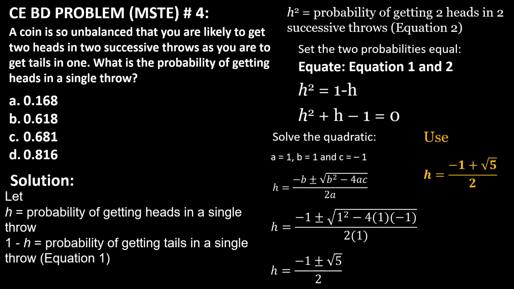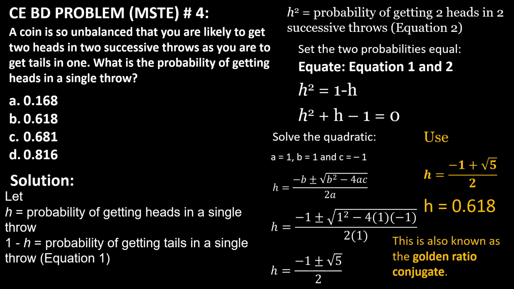Therefore, we choose h equals negative 1 plus square root of 5, all over 2, since it is the answer with a positive sign. Now, simplifying our final answer to three decimal places, we have h equals 0.618, and we have our answer as letter B in this given board exam question.